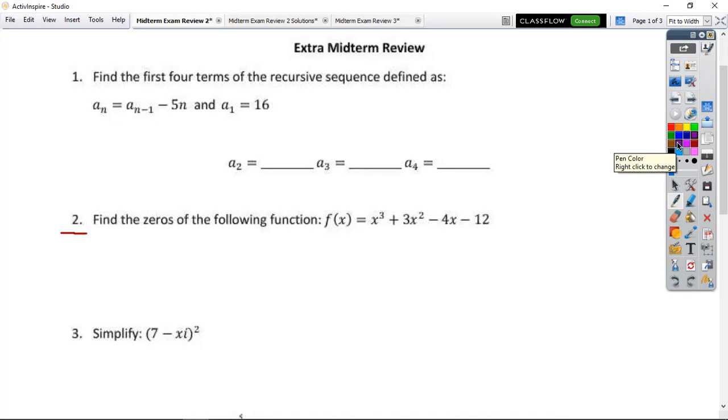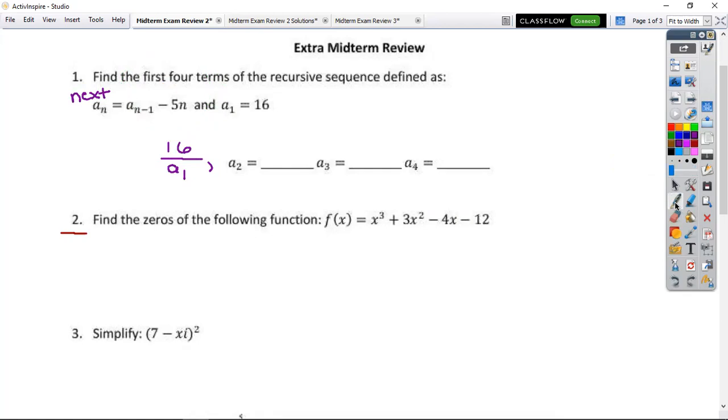So I'm going to start this with my first term is equal to 16. I'm going to just add this right here. And then you're going to continue. So remember that this translates into your next term is equal to your previous term. I'm going to write that right above it.